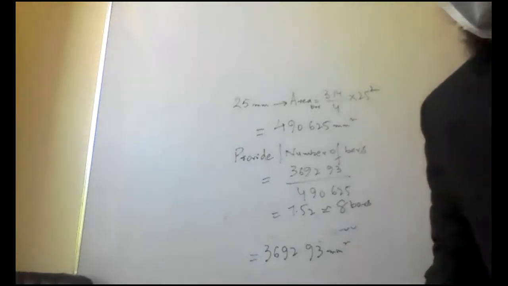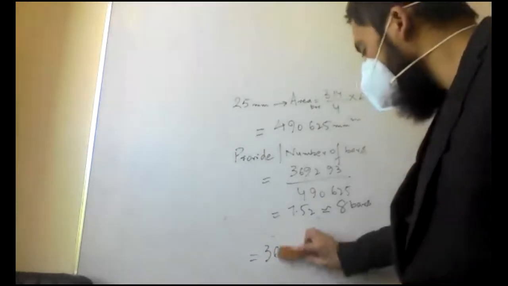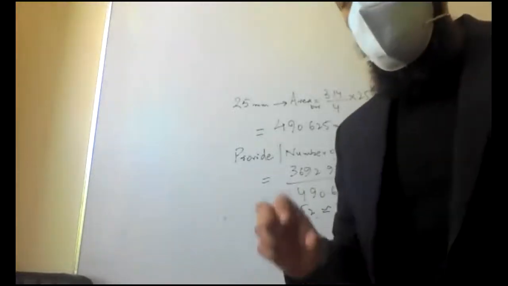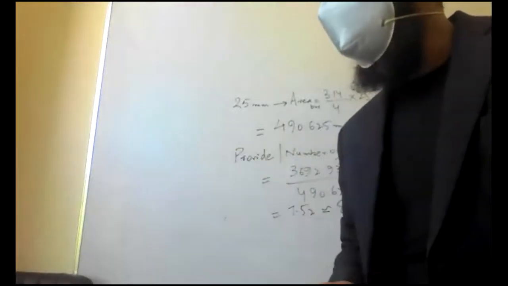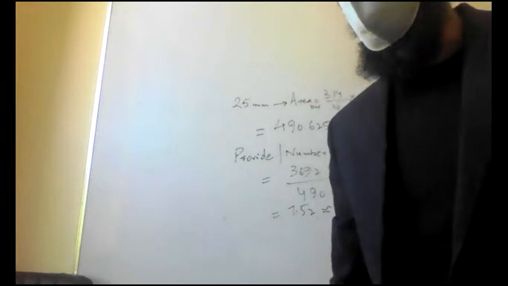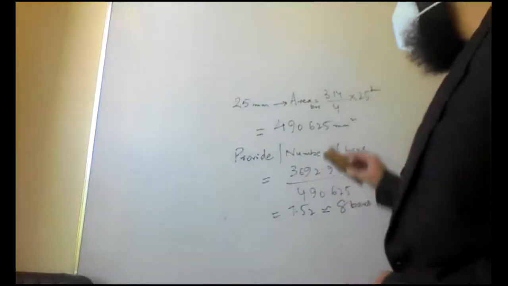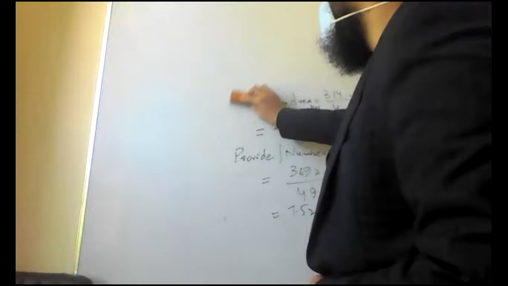We have to provide 25 mm bars, but adjusting 8 bars in a 300 mm span would be quite difficult. So we can go for a higher 32 mm bar.